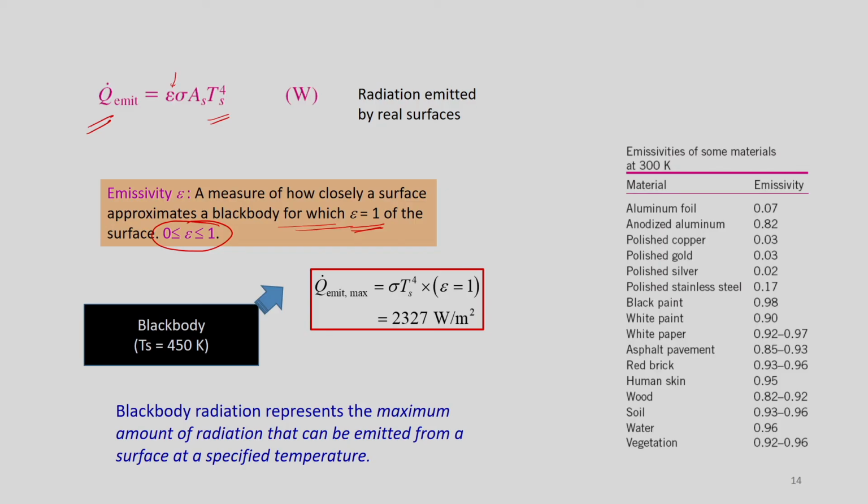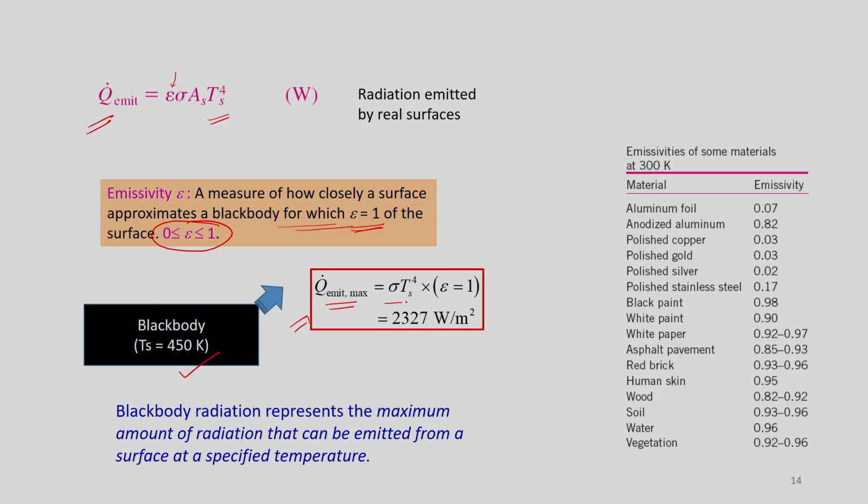Now, if I am interested to know the maximum amount of radiation that can be emitted by a black body, how can we calculate it? Suppose we consider a black body at a temperature of 450 Kelvin. Using the Stefan-Boltzmann law, we can calculate the maximum radiation that can be emitted by the surface of this body.